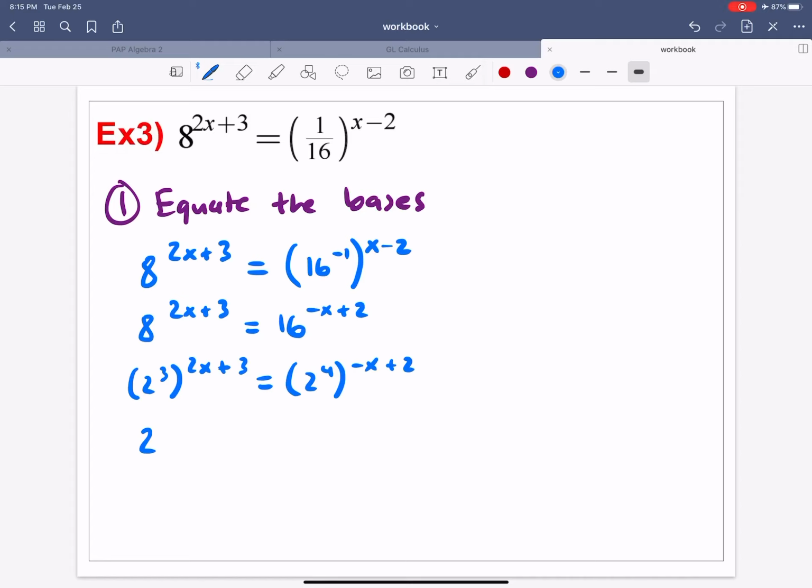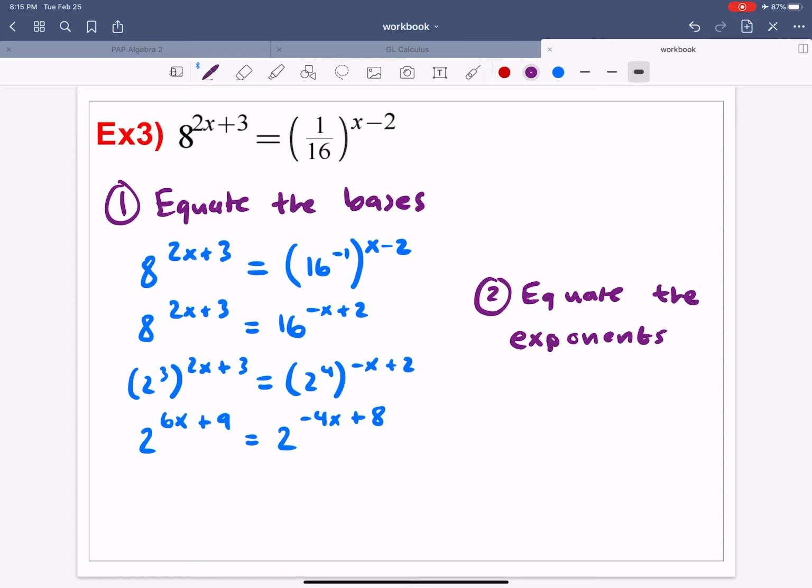So on the left side, we have 2 to the 6x plus 9 equals 2 to the -4x plus 8. So now that we equated the bases, now we can equate the exponents. I misspoke there, sorry. Even the great ones make mistakes.